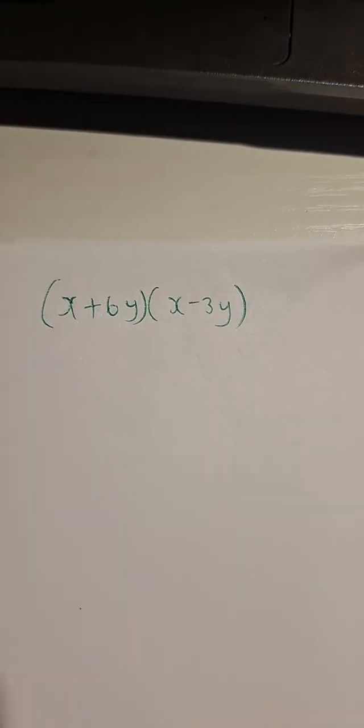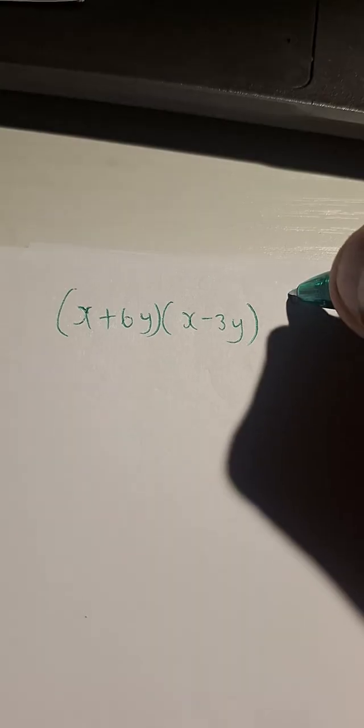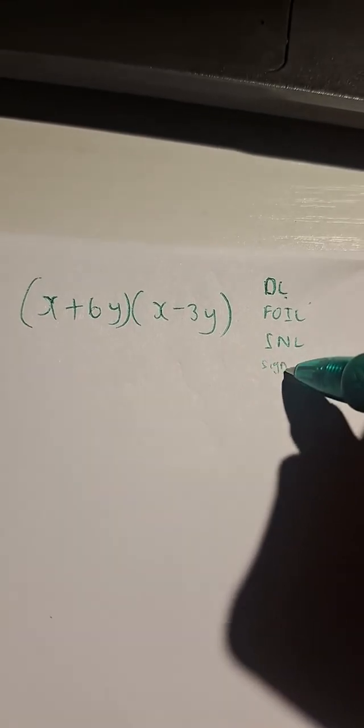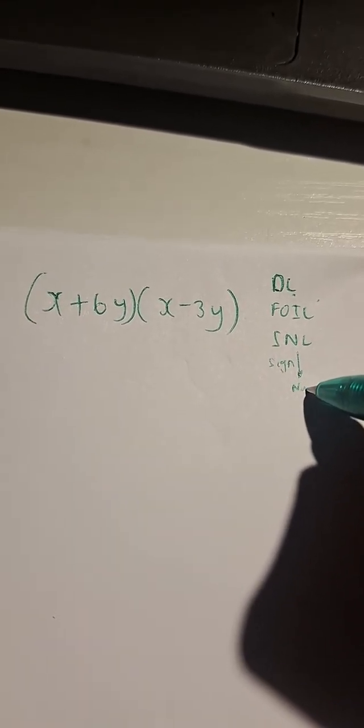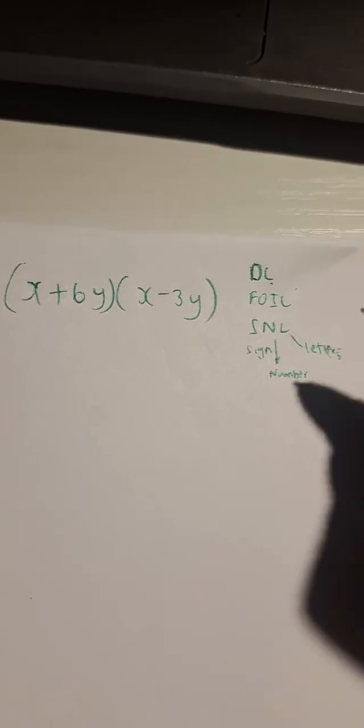So let's look at this then. x plus 6y. Remember the question says expand and simplify. We use here what we call the distributive law, or FOIL. And we make sure that S and L, meaning the sign is multiplied first, the numbers are multiplied second, and then the letters are multiplied third.